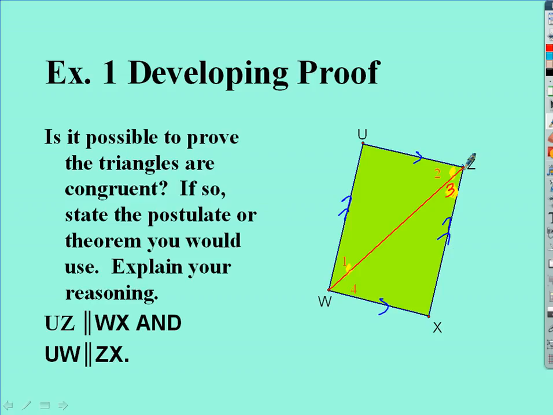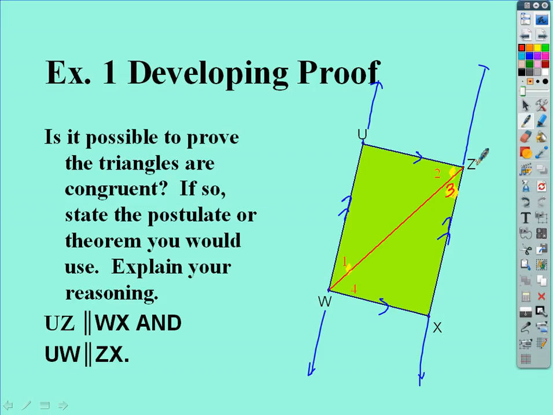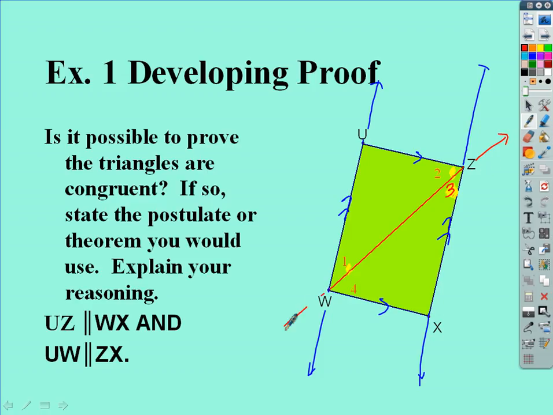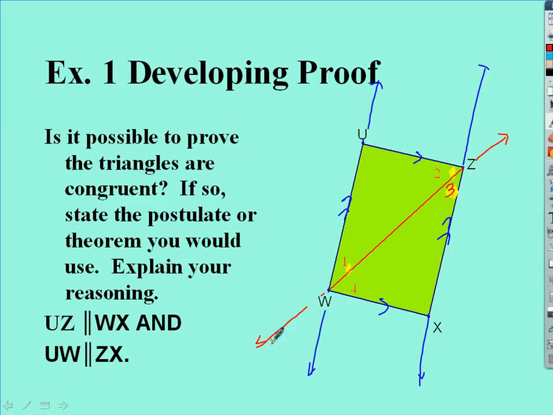Let's go ahead and extend these parallel lines. Maybe we'll need to do both, but maybe we'll just need one pair. And let's take this diagonal here and extend that as a transversal. And that might end up being helpful for us, right?